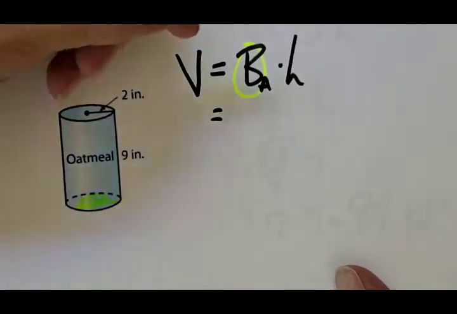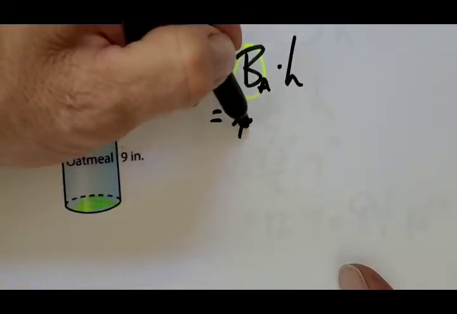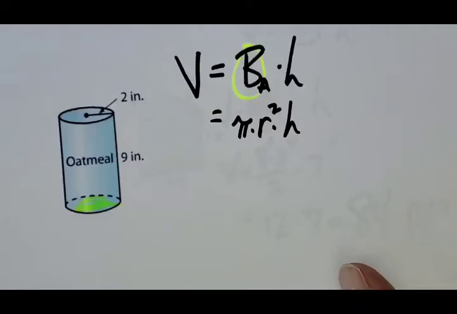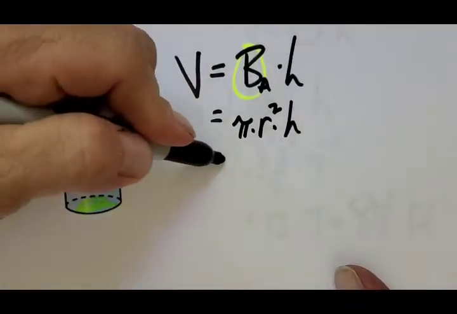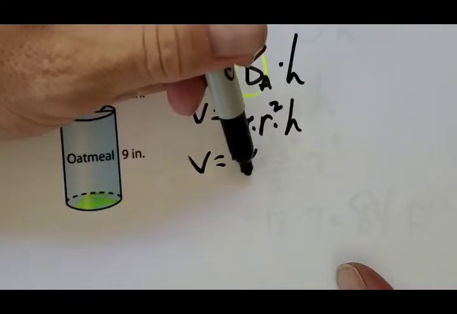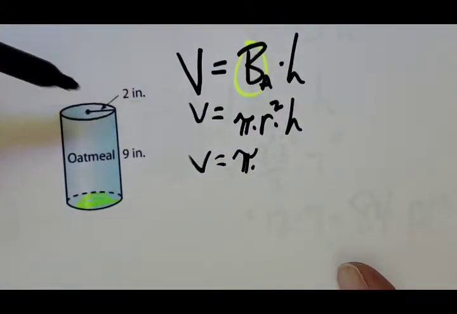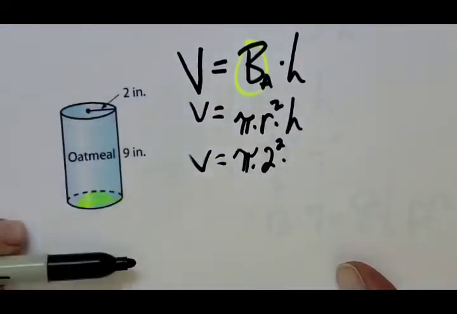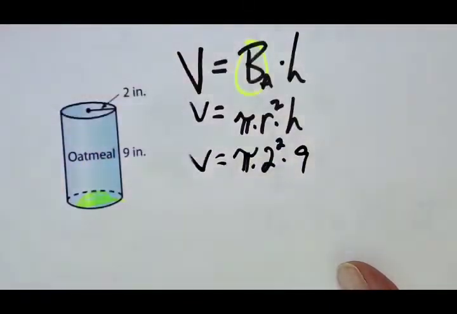The area of a circle is pi times radius squared, and then times the height of the cylinder. So I'm going to plug in these values. Pi times the radius, which is 2, squared, times how tall the prism is, 9.